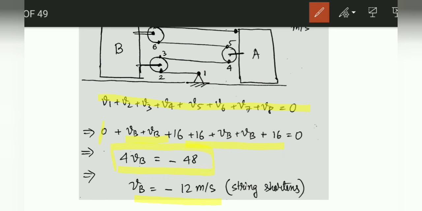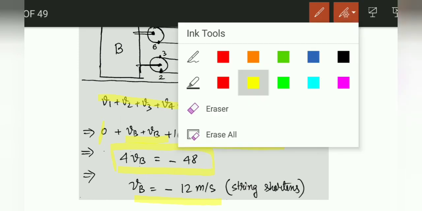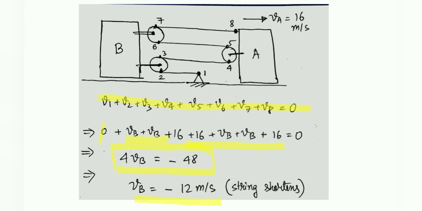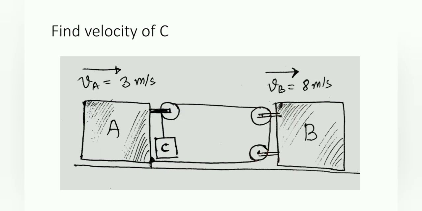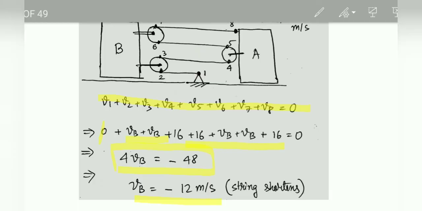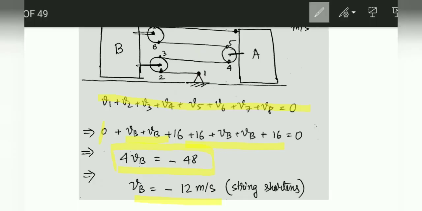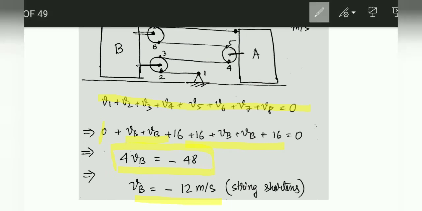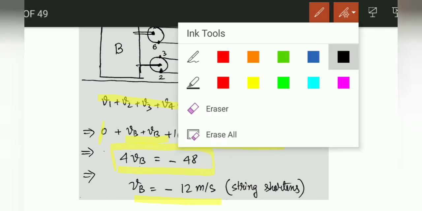Now why minus 12? What is the direction? You may argue that I have taken VA as 16 meter per second on the right side, so VB will be on the left side. No, this is not with respect to the direction.